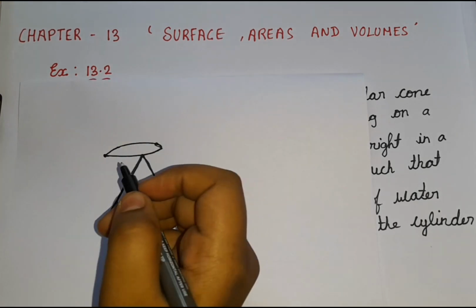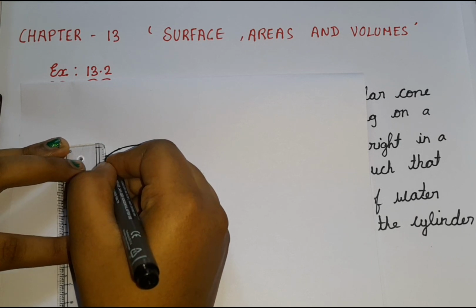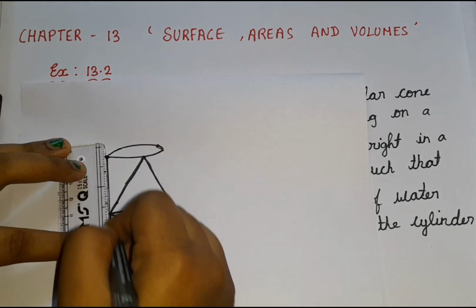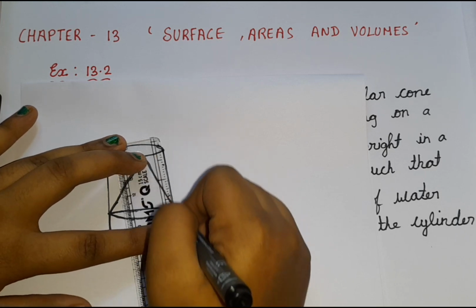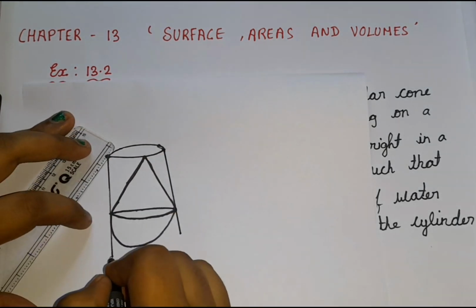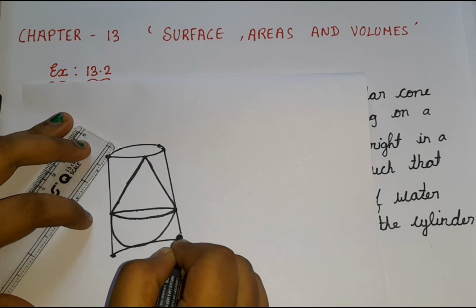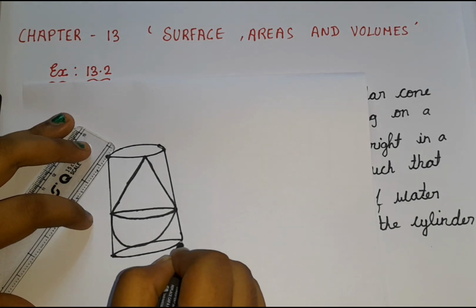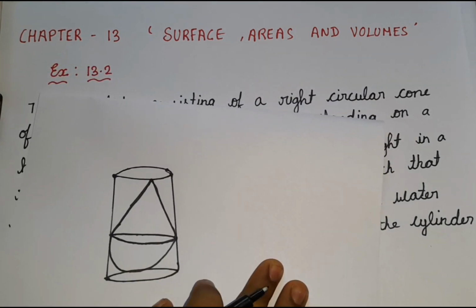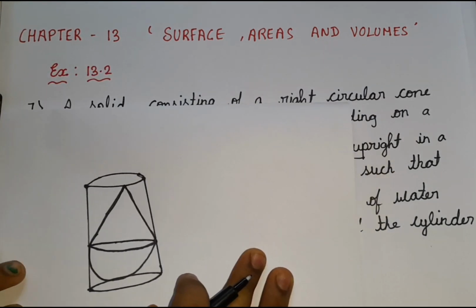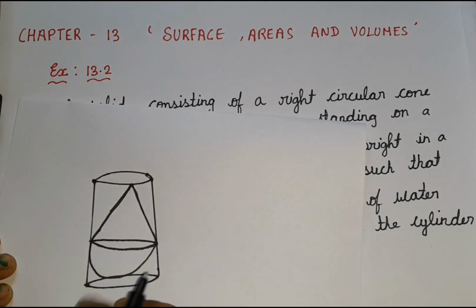Okay, so let us use a scale. It will be much better. We are supposed to join it. Okay, so this is the figure. Now you can see it, am I right? So here this is a cylinder.